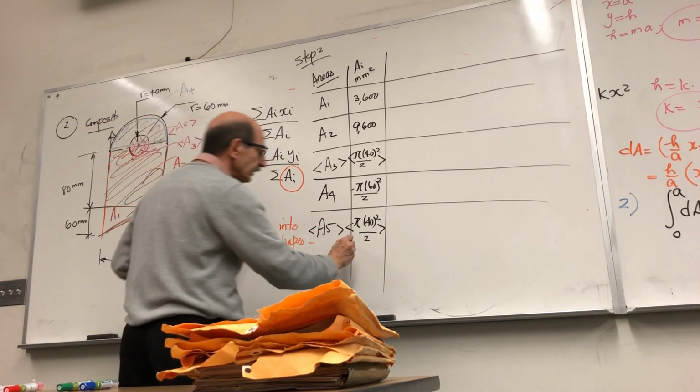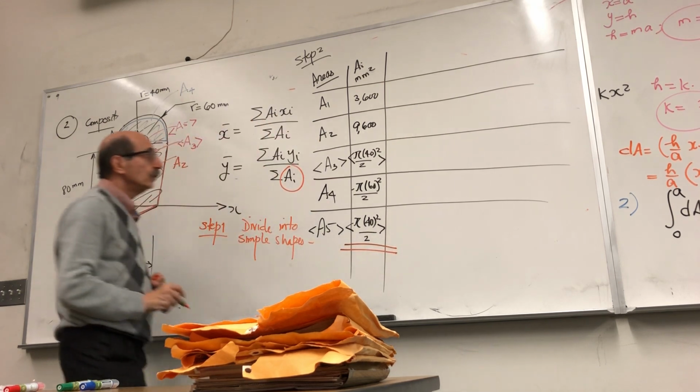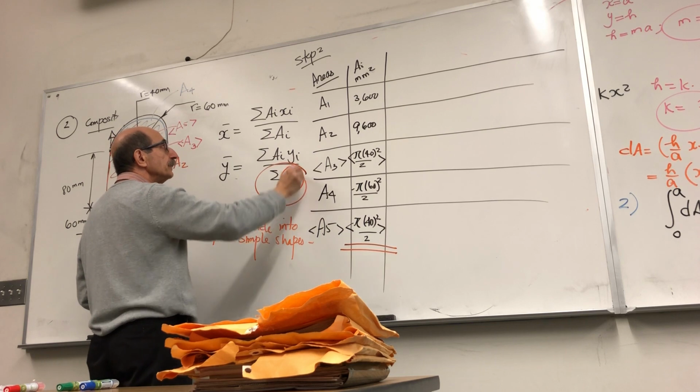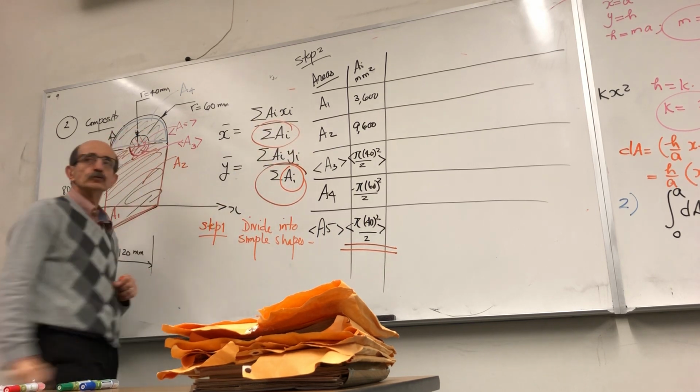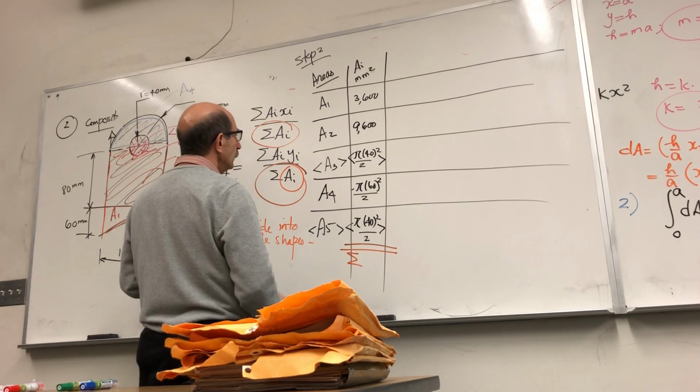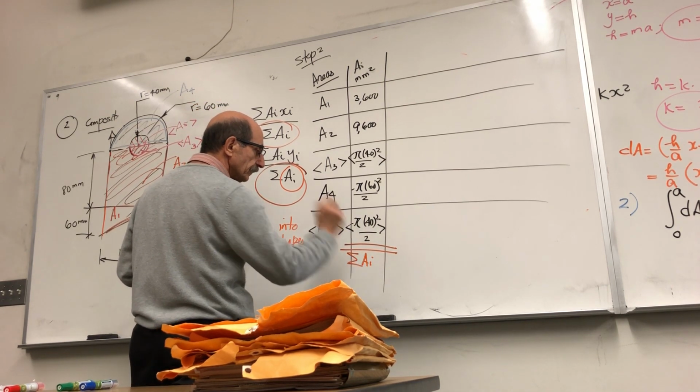But if you add these up, what do you get? The denominator of these two formulas. In other words, this is the sum of Ai.